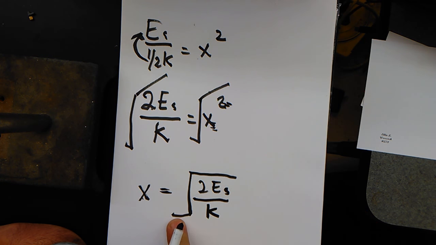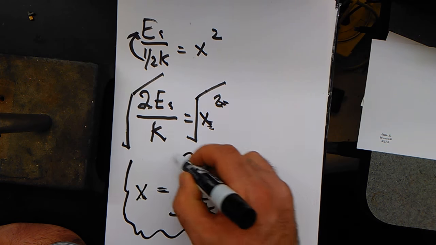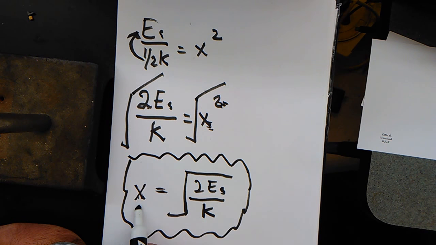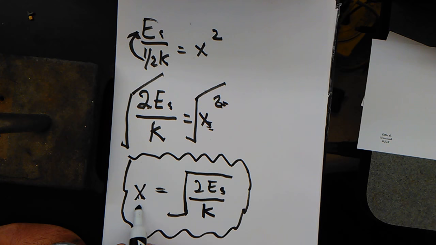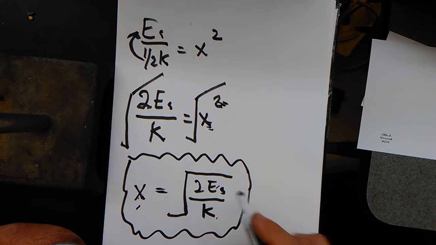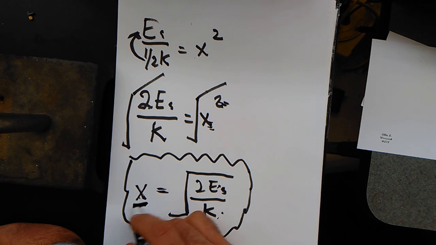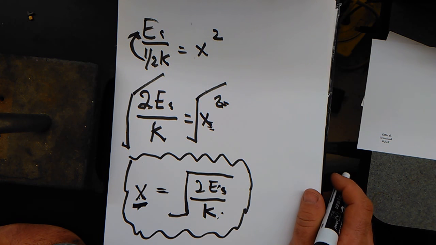So what we have here is our formula, I'll put it in a box. There's our formula for finding x. x is the square root of 2 times the energy of the spring over k. If you have the energy of the spring and you have k, you can very simply find how much it will stretch or compress by.